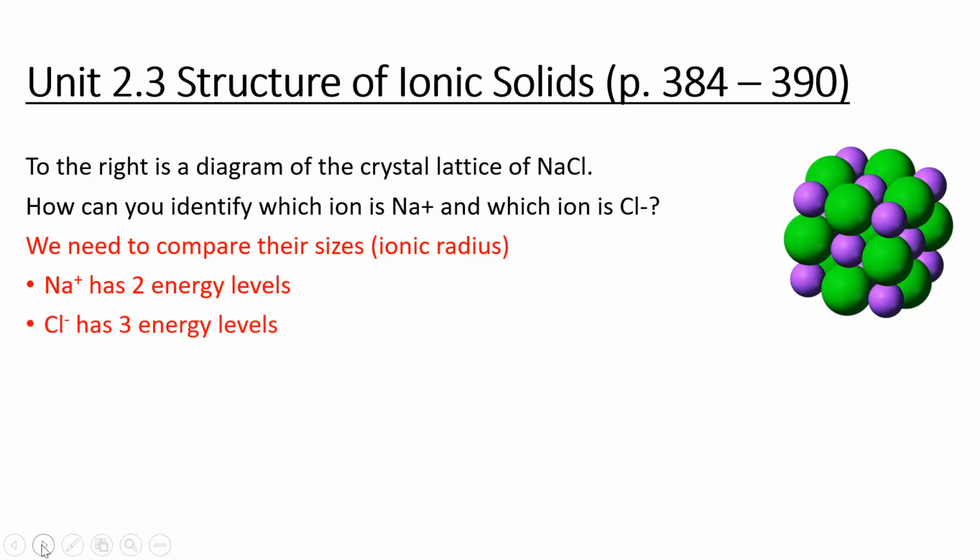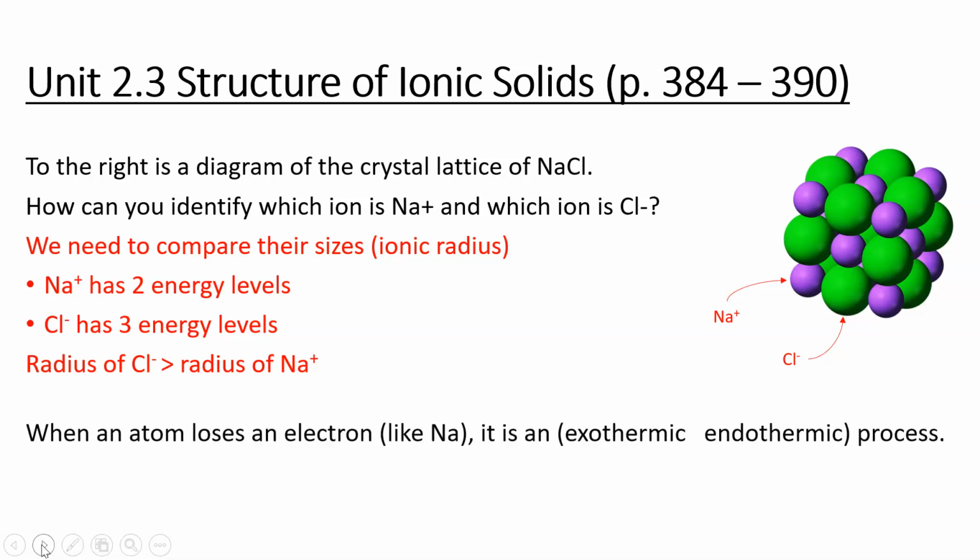Cl has three energy levels. So which one would be bigger? Chloride ion would have a larger radius than the sodium ion, and that is why we can identify the purple one as sodium and the green ion as the chloride ion.